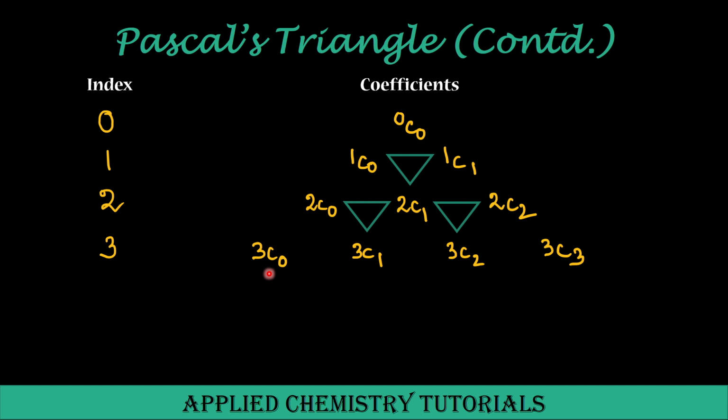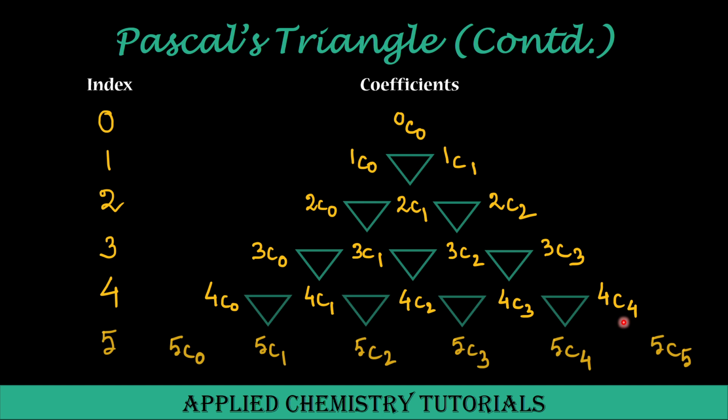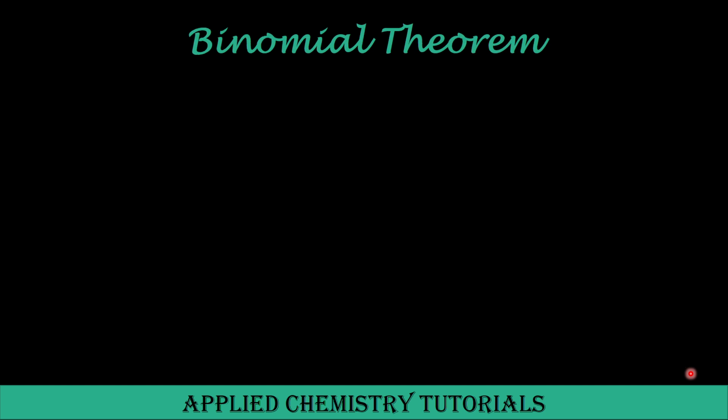For index 3 we can have 3C0, 3C1, 3C2, 3C3. For 4 we can replace 1, 4, 6, 4, 1 with 4C0, 4C1, 4C2, 4C3 and 4C4. And for index 5 we can have 5C0, 5C1, 5C2, 5C3, 5C4, 5C5, and it will go on and on. And now we can clearly see a trend, which can be utilized to write the binomial theorem.